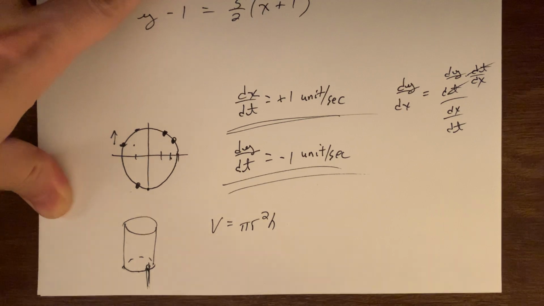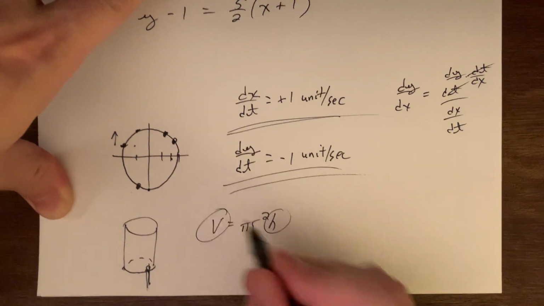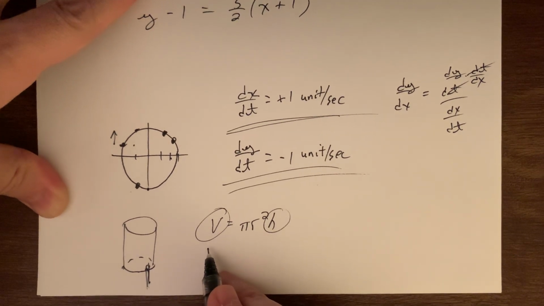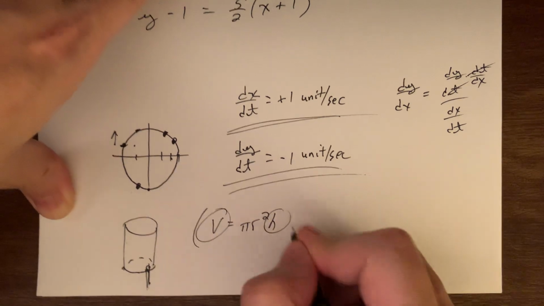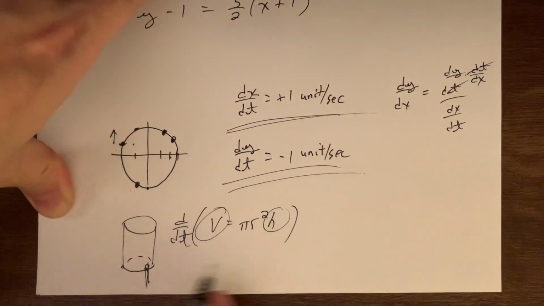Or vice versa. If I knew how quickly the height is dropping because I have this leak, I could figure out how quickly the volume, the rate at which I'm losing volume, as well. And it would all be boiled down to taking the derivative with respect to t.